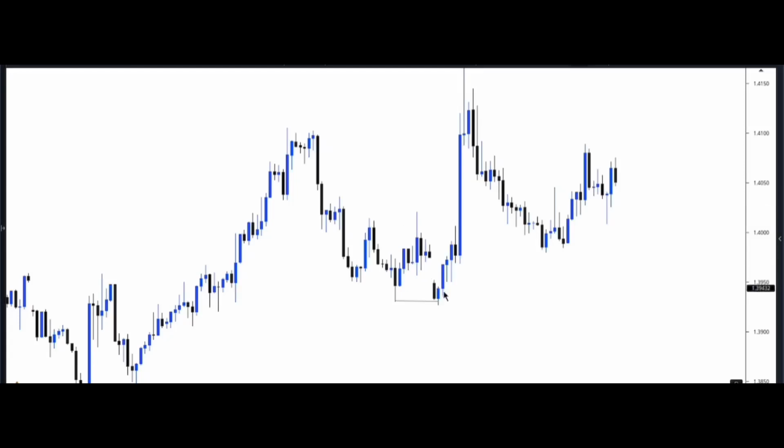Okay, so that's what I mean by a swing high or a swing low. Now, as you can see, this candle took out this swing low with a candle wick. Can you see that? So after taking out with a candle wick, price went ahead upward to break this high. This high is the high that produced the candle that took out that swing low with a candle wick.